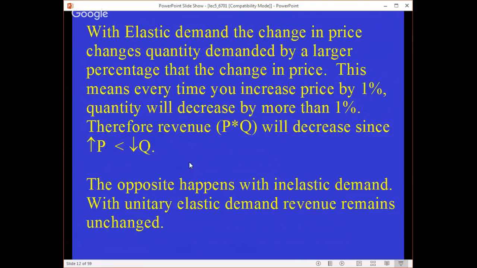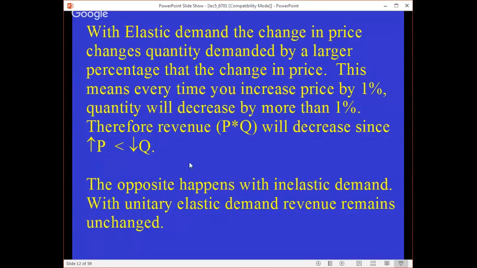Now that's different than if I change quantity. If I change quantity, it's just the opposite, which makes sense because one's in the numerator, one's in the denominator, as far as algebra. So with elastic demand, the change in price changes the quantity demanded by a larger percentage than the change in price. This means that every time I increase price by 1%, the quantity will decrease by more than 1%.